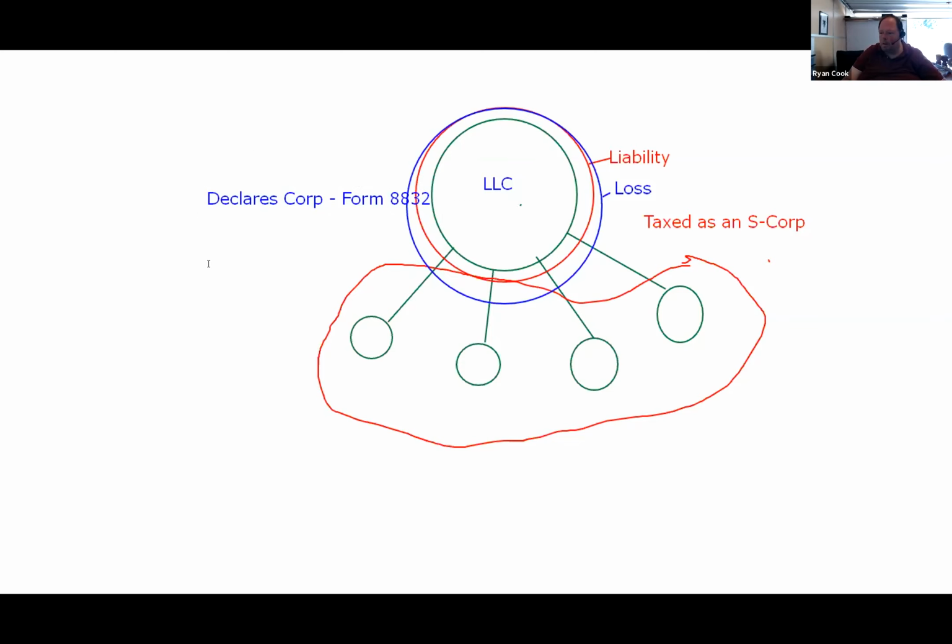Okay, does that make sense? So it's going to work just like an S Corp, basically. This is how you file. This is basically a modern day S Corp, if you want to think about it. It's the current form of an S Corp.